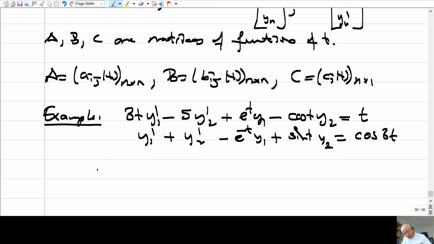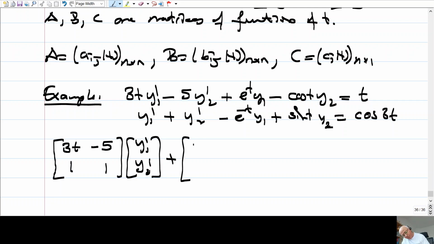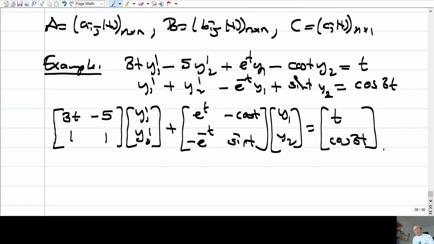So how can I write this? It will be like this. I have 3t here, minus 5, 1 and 1, and then I have y1 prime, y2 prime, plus e to the power t, minus cosine t, minus e to the power minus t, sine t, times y1, y2, and this is equal to t, cosine 3t. Okay, so this is a 2 by 2 system of first order linear differential equations.